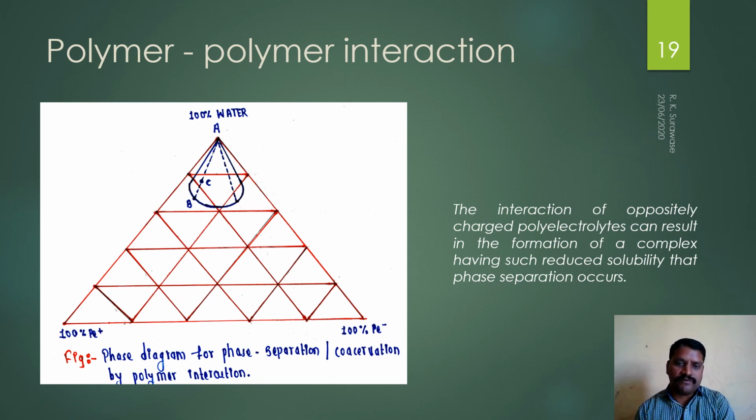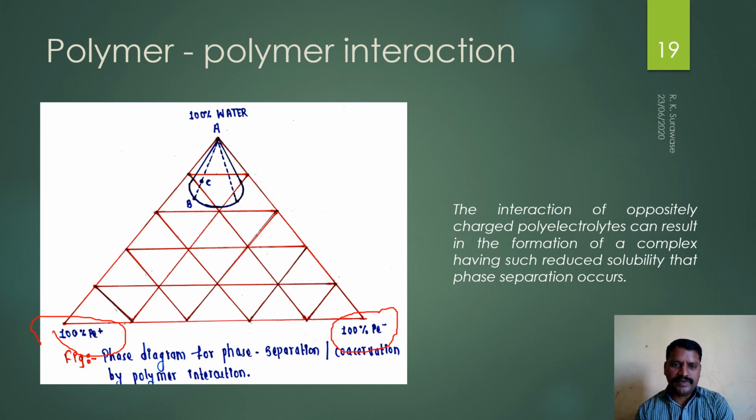Here is the phase diagram for phase coacervation by polymer-polymer interaction: 100% polymer at point A, 100% positively charged polyelectrolyte and 100% negatively charged polyelectrolyte. For example, generally gelatin possesses a positive charge and gum arabic possesses a negative charge.